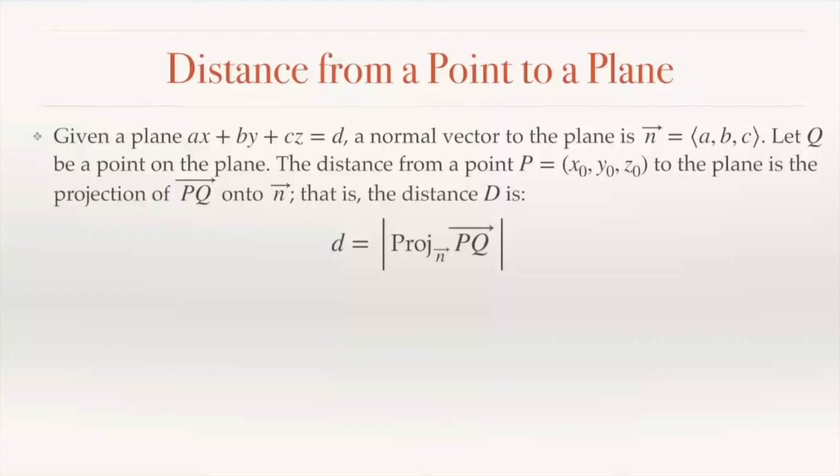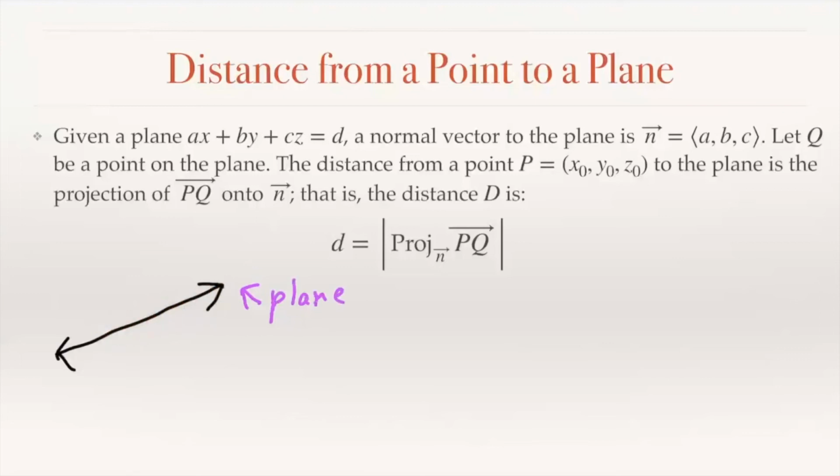So given a plane, ax plus by plus cz equals d, and a normal vector to the plane, abc, we can let Q be a point on the plane. Let's visualize this as we go. So let's imagine that this is our plane. I know it looks like a line. This is a plane, though. Just imagine that it's coming out of view from the screen that you're looking at.